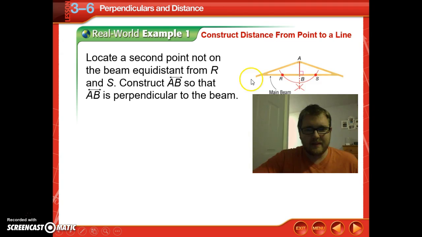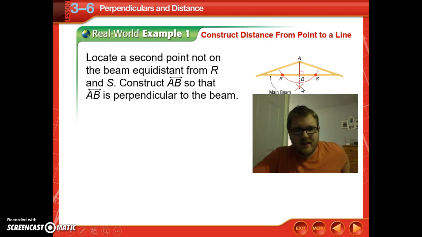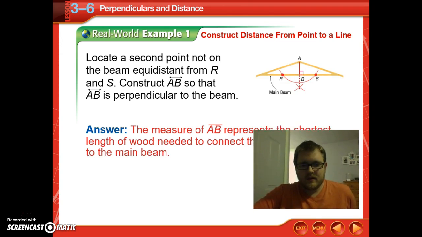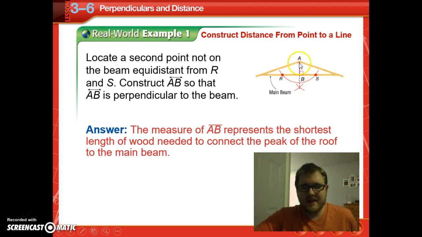We want now a second point not on the beam that's equidistant from R. So in order to construct this line segment AB to be perpendicular, we need to find this point that is an equal distance from R and S. Since R and S are both on this line segment, this point out here needs to be the same distance from each of those points. So the measure of line segment AB, this right here, represents the shortest length of wood needed to connect the roof to the main beam.